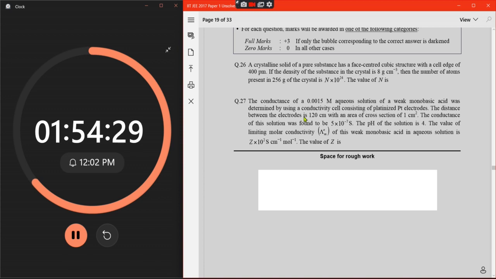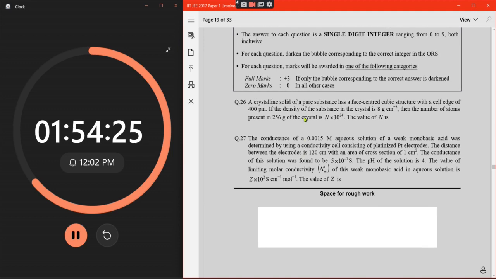Awesome, 27 is 24. But the answer should be from 0 to 9, and that's not. Did I mess up somewhere? I must have messed up somewhere. Okay, I wrote 2 times 10 power by mistake. It should be 5 there.